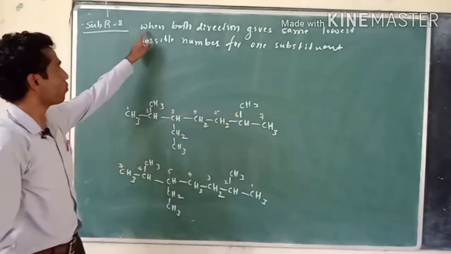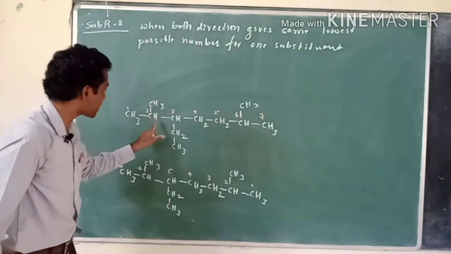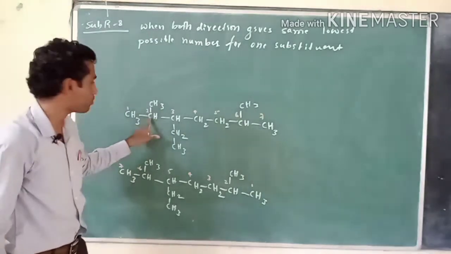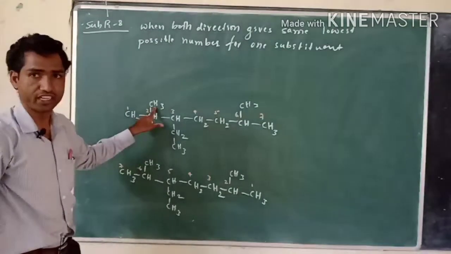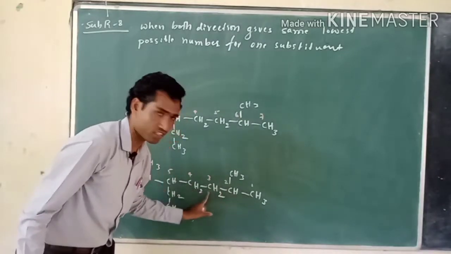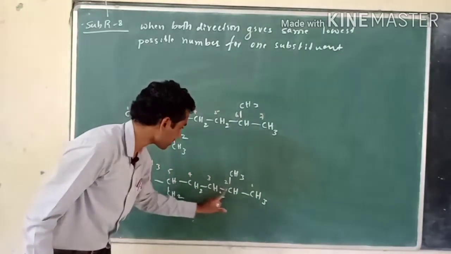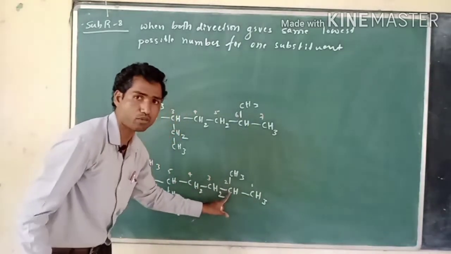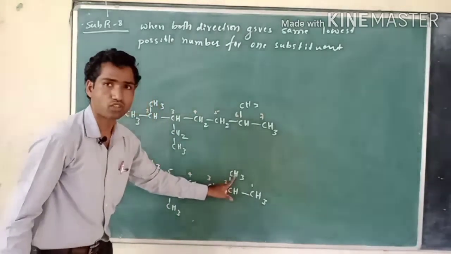So what is that? When both directions, this direction also is giving the lowest possible number for this one substituent. Numbering from this direction is also giving the same possible number for this substituent.